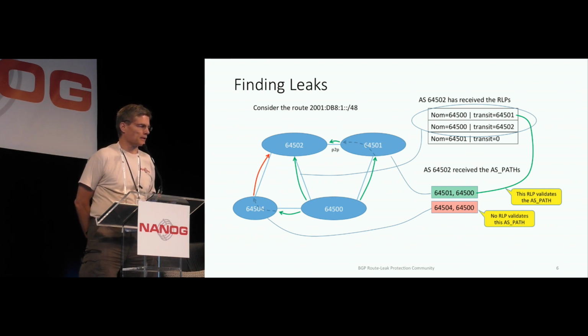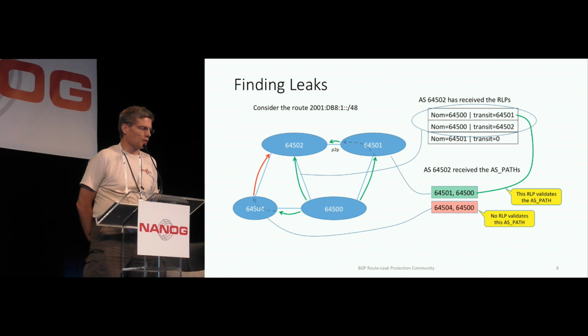Now we get a route. Let's get the red one at the bottom. 64500 sends off to the left to 504, who sends it up to 502. So 502 gets an AS path in that. The AS path is 504, 500.